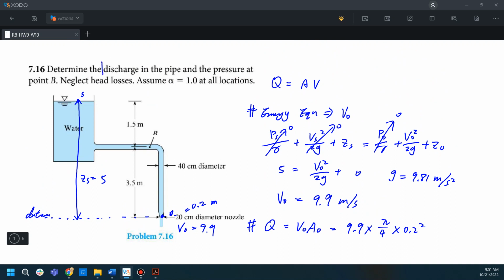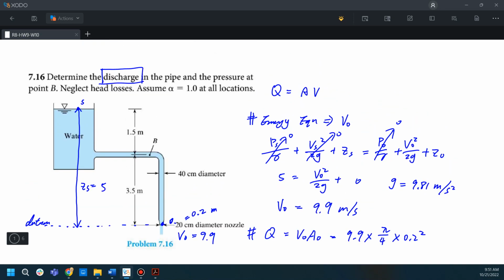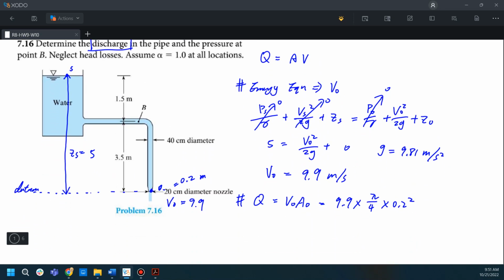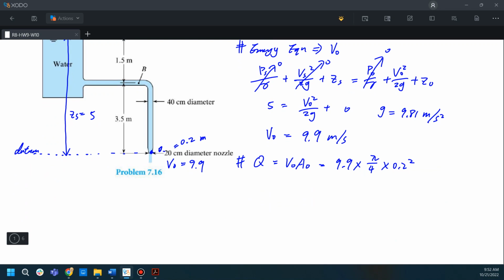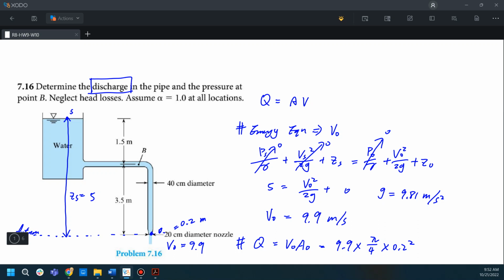So that's our first variable that we want to solve, the discharge rate in the pipe. The answer is 0.311 cubic meters per second.